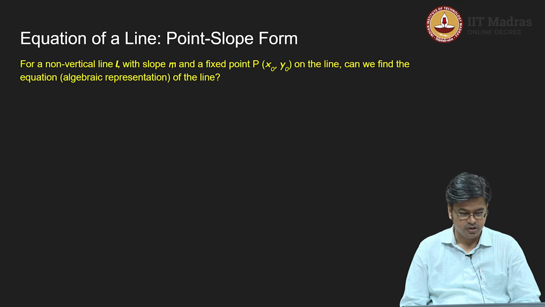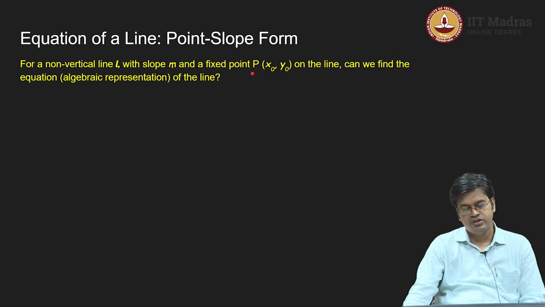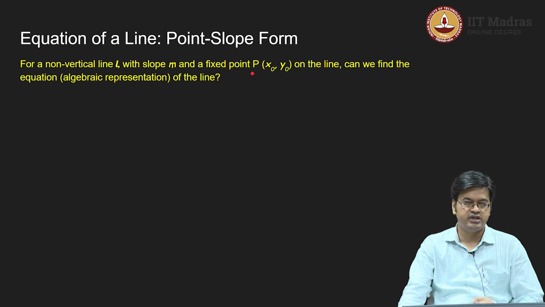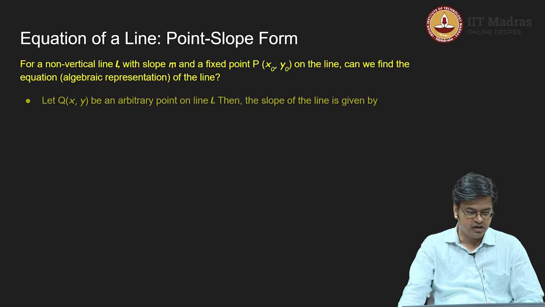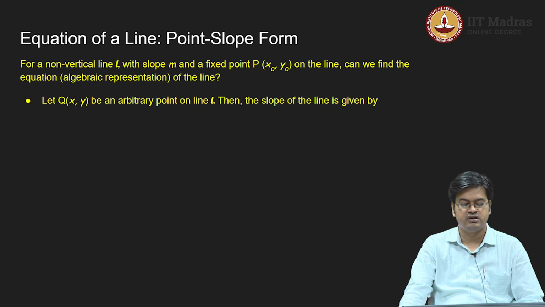We know the slope and a point on the line. To answer this, we know that 2 points uniquely determine a line. So let us take another point Q(x, y). I don't know the coordinates of this point, but I assume that it lies on line L.